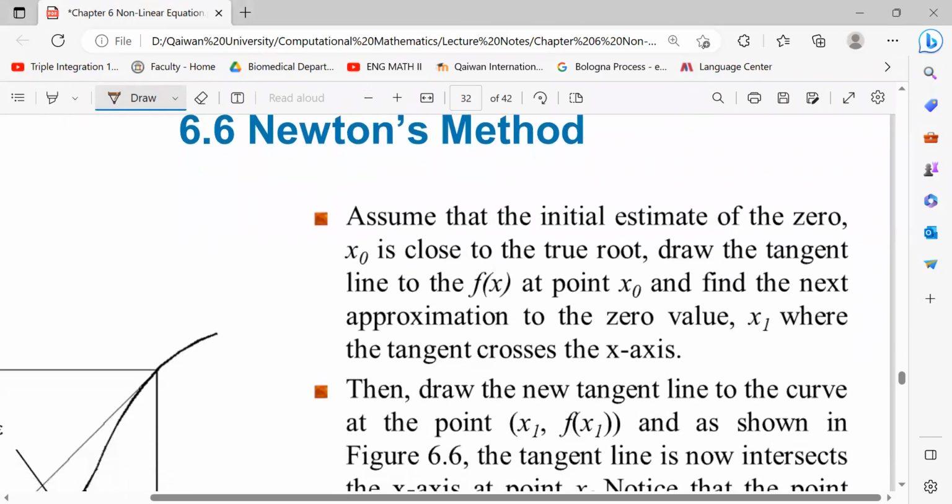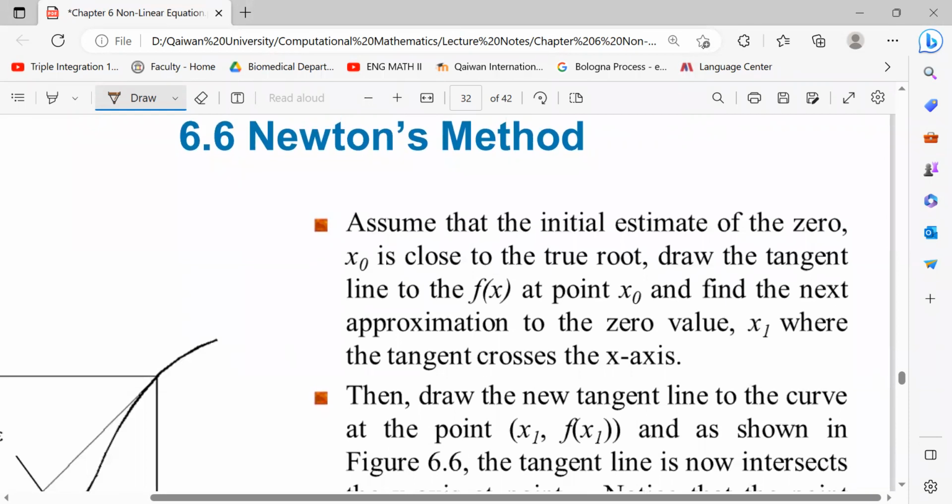We now have another method which is used for solving a nonlinear equation. The method is Newton's method. In this method, we just work on only 1 point. I just want to remind you that in bisection method, we need an interval.